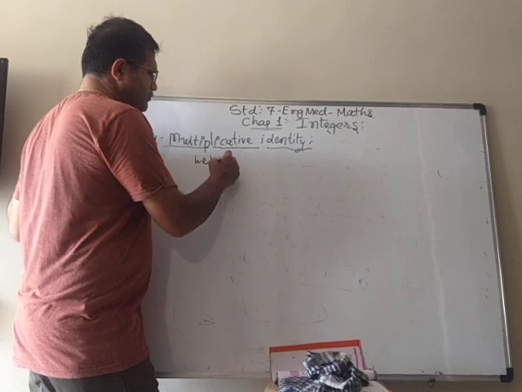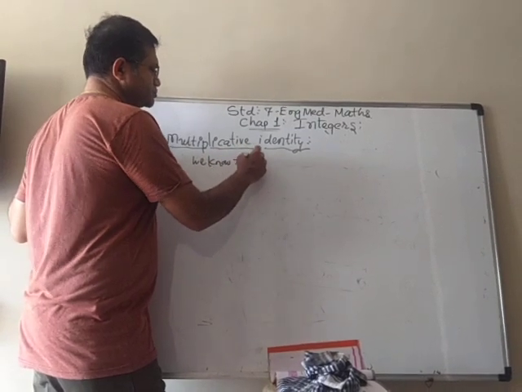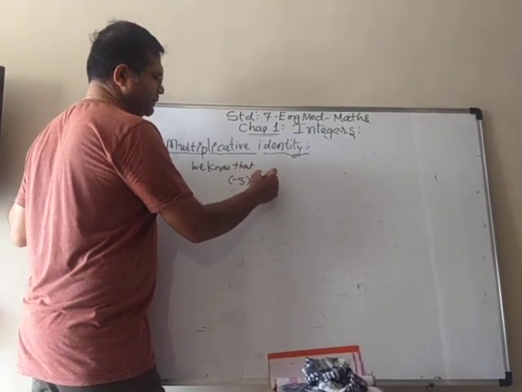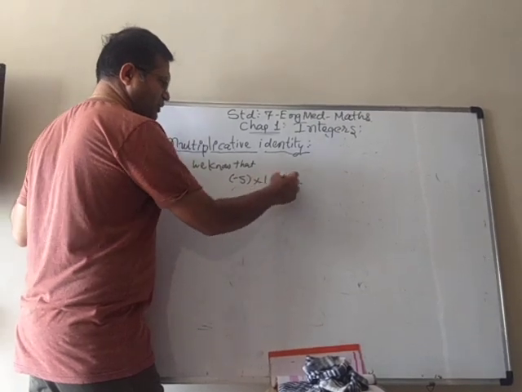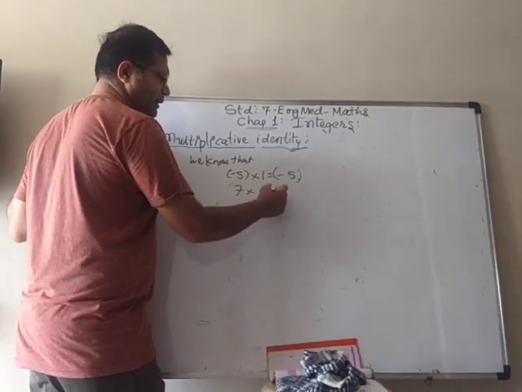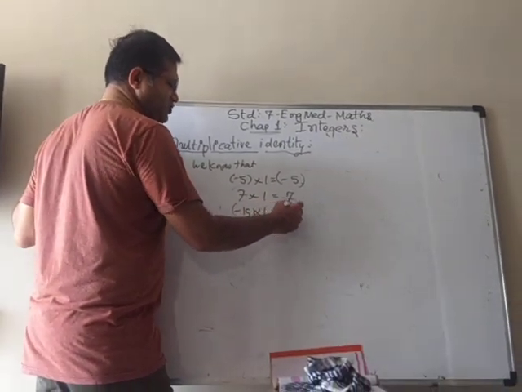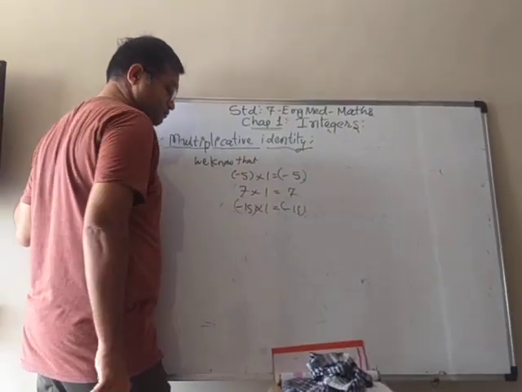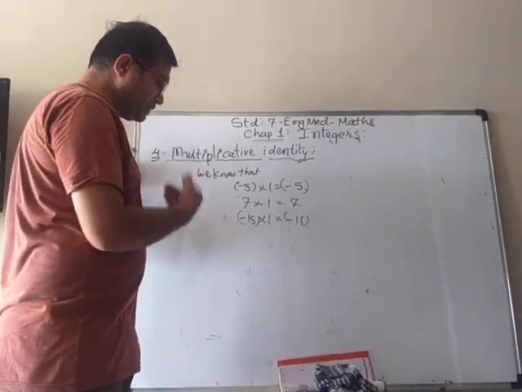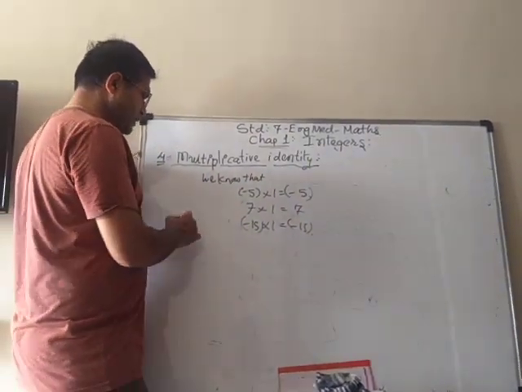So we know that minus 5 multiplied by 1 is also minus 5 again. 7 multiplied by 1 is 7. Minus 15 multiplied by 1 is also minus 15 again. So any integer, right?